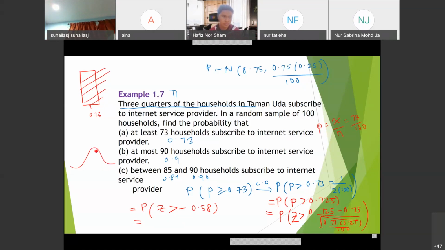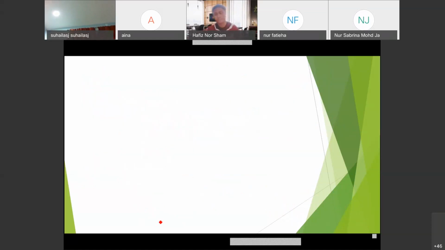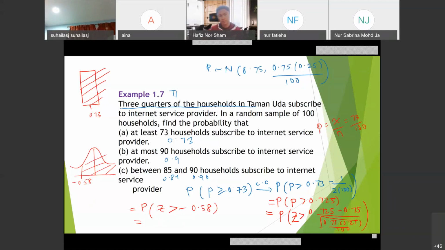If you're not sure, read from your stats table. Negative 0.58 is over here. Greater than means you have 1 minus, so 0.58, you refer to your stats table.